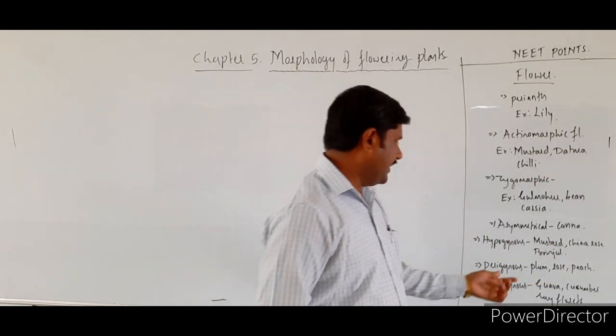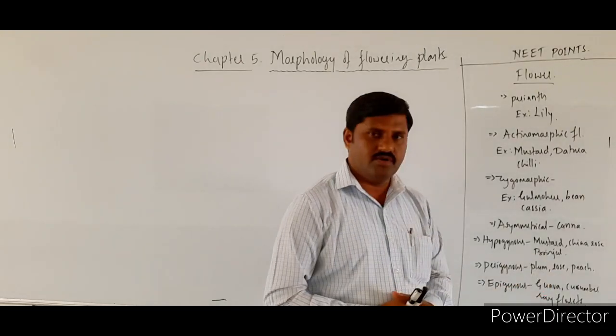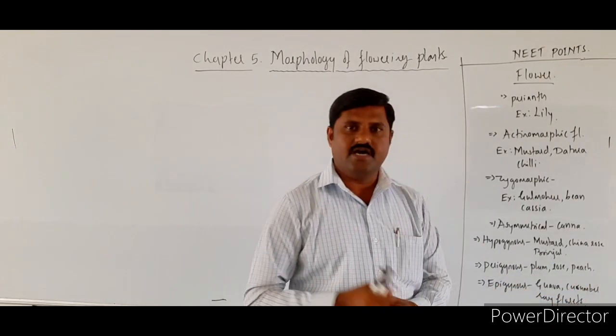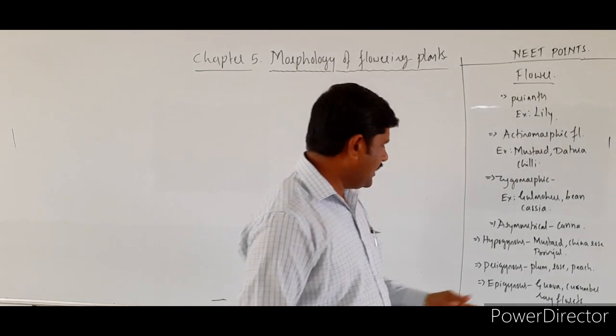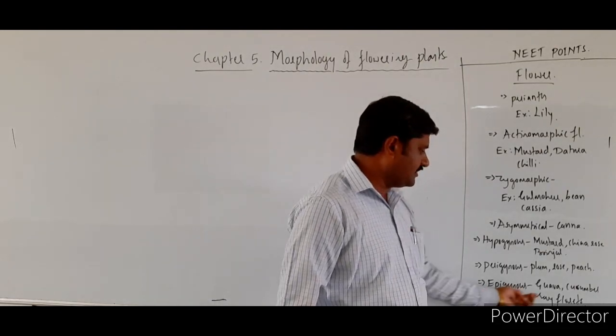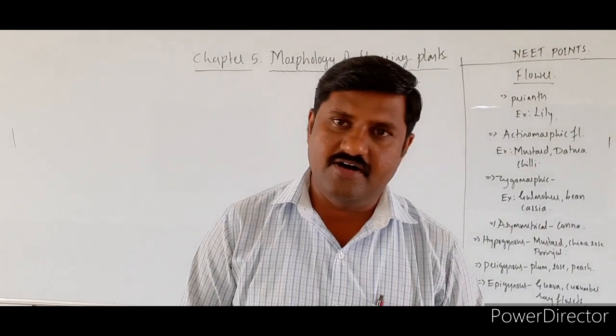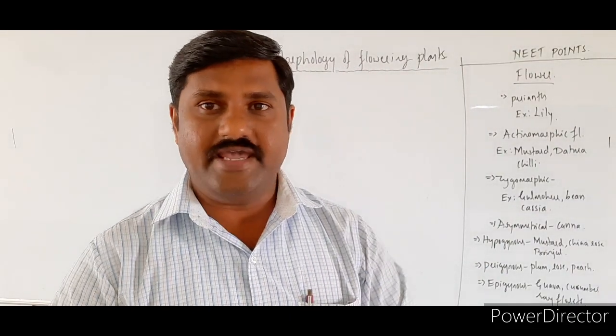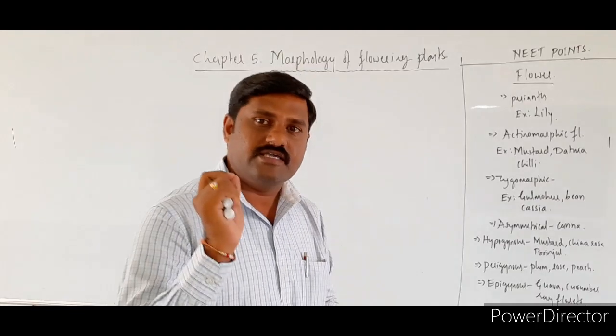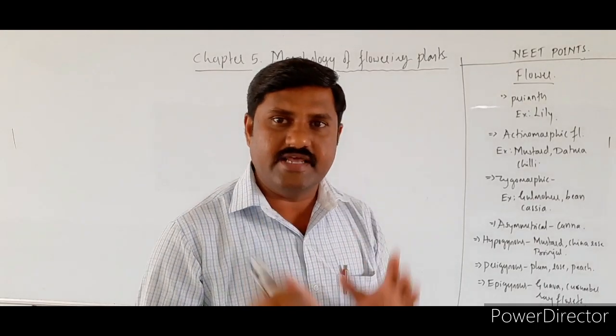In the same way, for perigynous flower, plum, rose as well as peach are the best examples. And along with this, epigynous flower: guava, cucumber as well as ray florets of sunflower. Many key examples are given in NCERT.